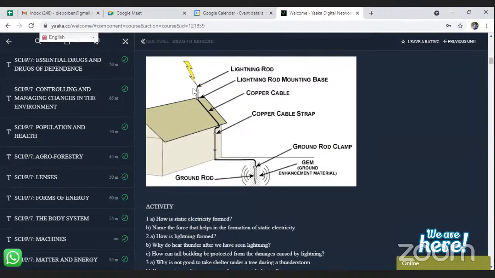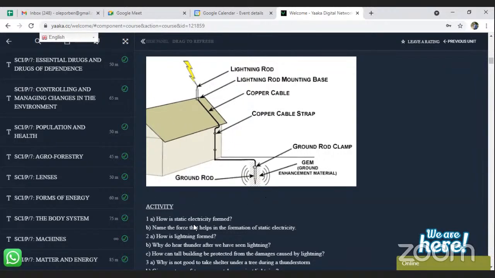This is the lightning conductor. It is here. In most cases, you will see it as a musalaba or cross. You will see it as a cross on top of the building. Its work is to prevent lightning from damaging the building.